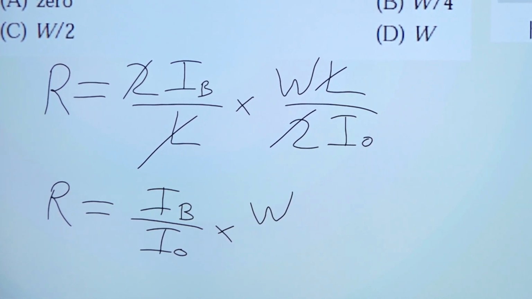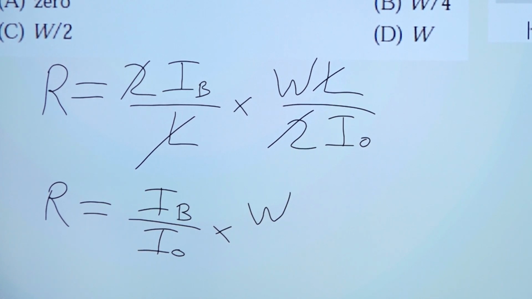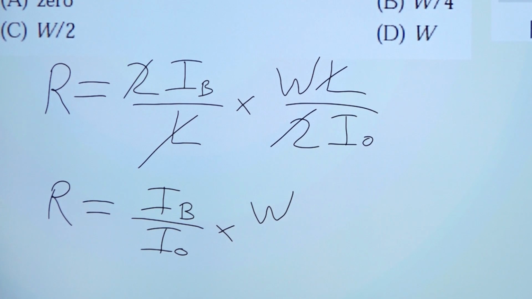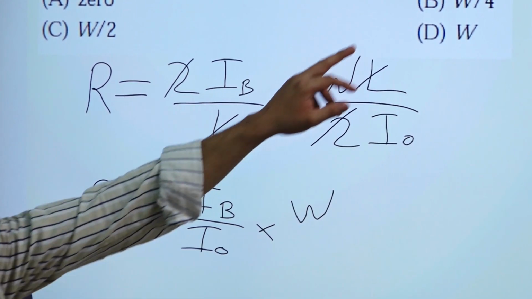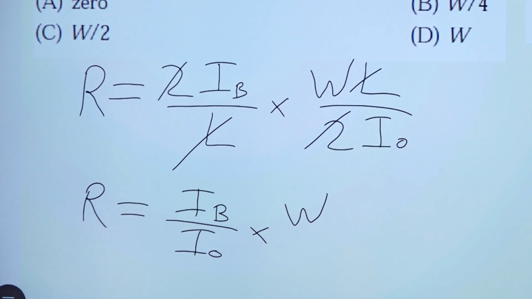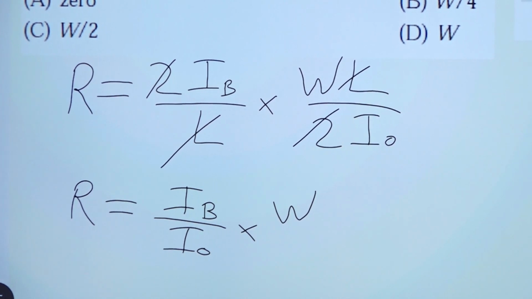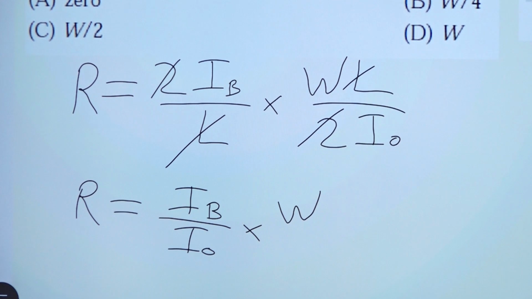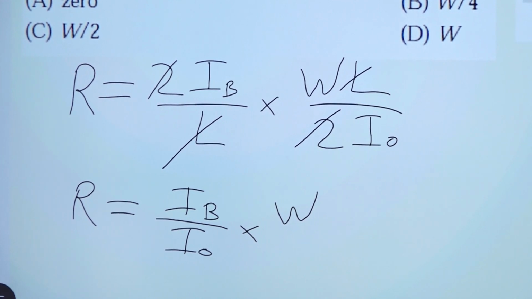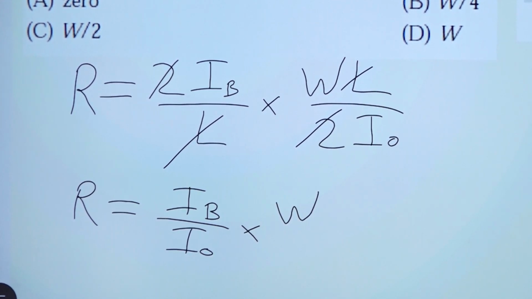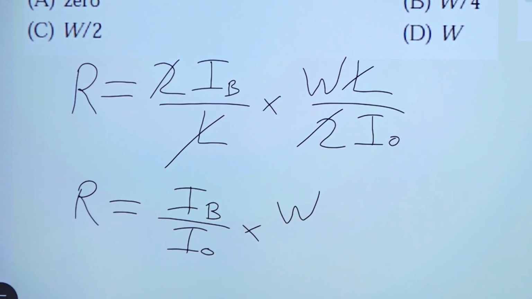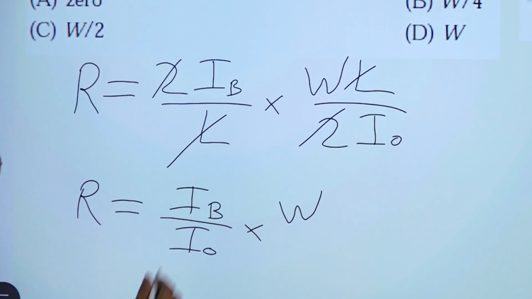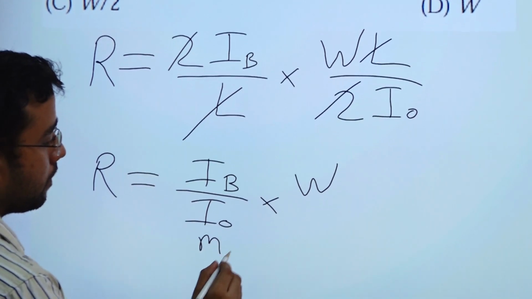So what is IB? Let me tell you the value of IB. All these things you have to remember. IO is ml square by 3, and IB will be ml square by 12.